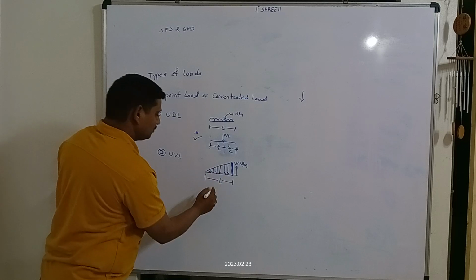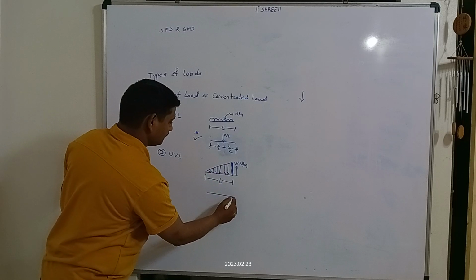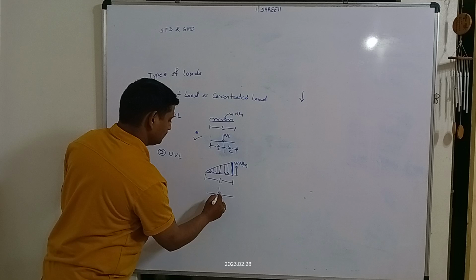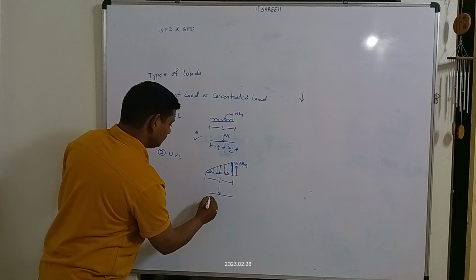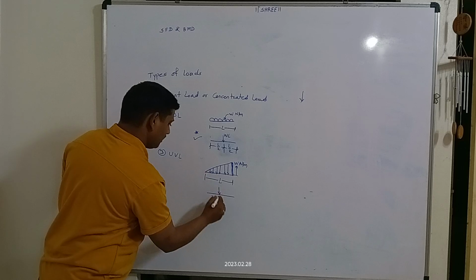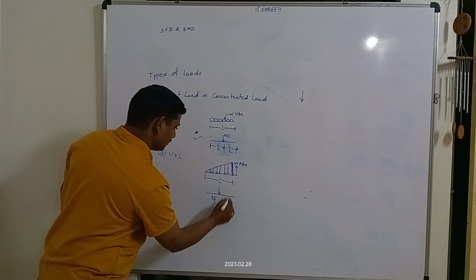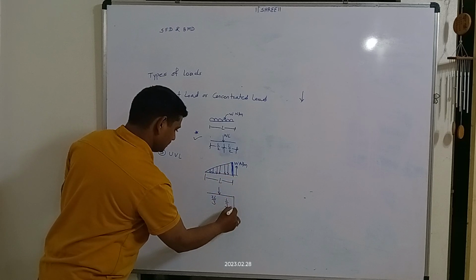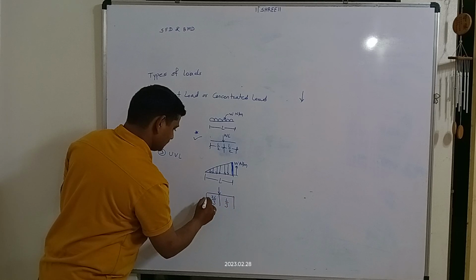How to convert it into point load? For that purpose, we are going to draw one line, and here 2L by 3 from the point load and L by 3 from the base.